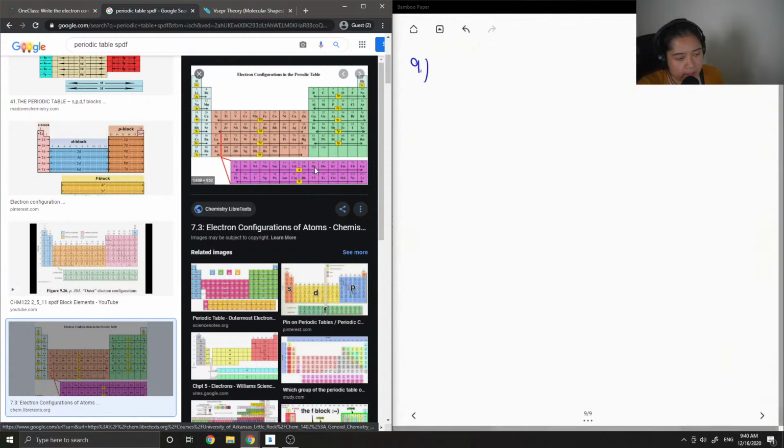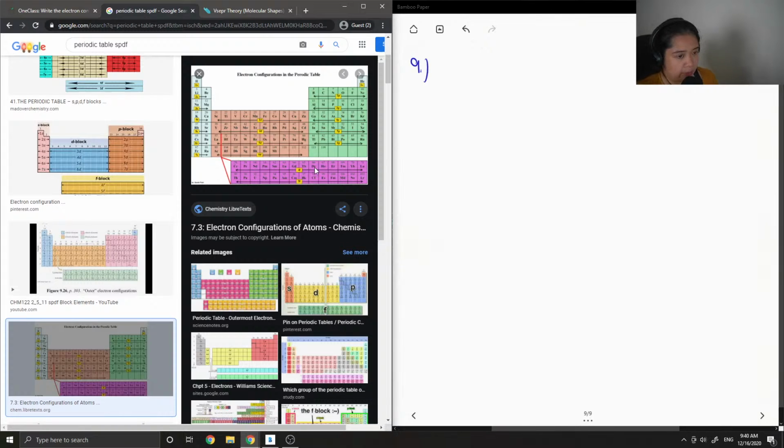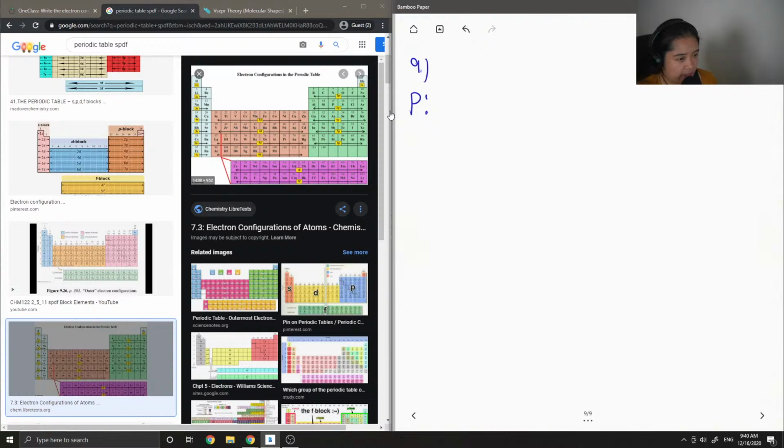Okay, so this version of the periodic table kind of highlights the S, P, D, and F orbitals. So if we were to write down the electron configuration of phosphorus, it is found here, atomic number 15. To write the shorthand configuration, we would put the noble gas that comes before it in square brackets.